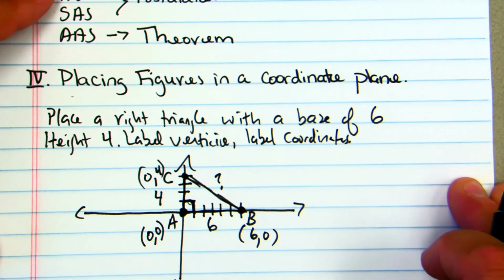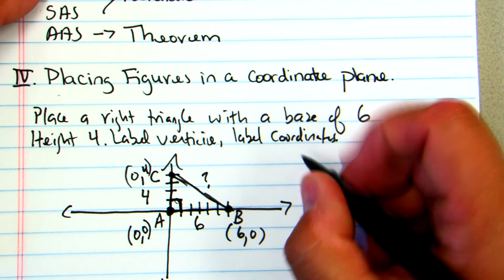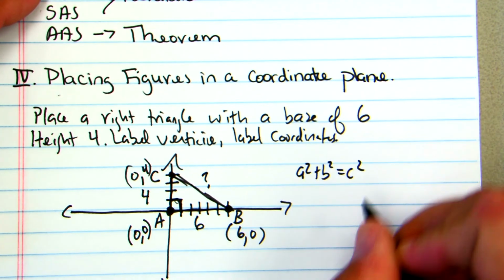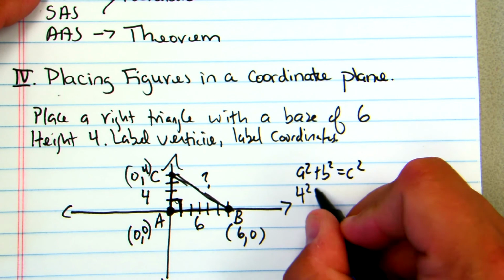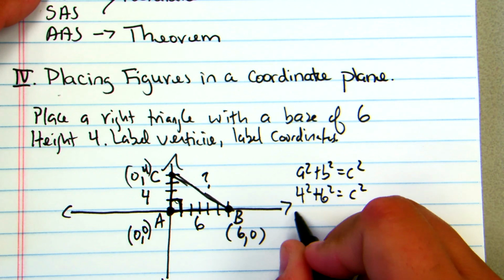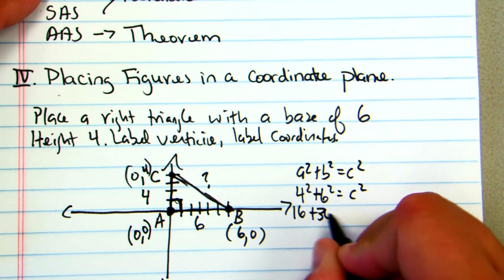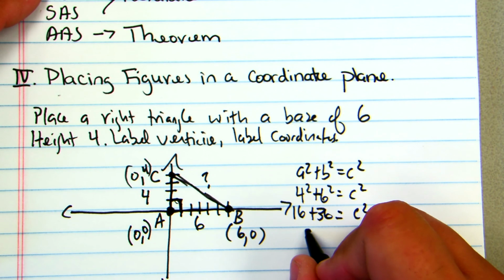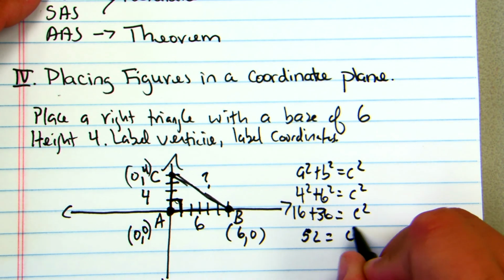So I'm going to do the Pythagorean Theorem. A squared plus B squared equals C squared. Or I'm going to say 4 squared plus 6 squared equals C squared. So that'll be 16 plus 36 equals C squared. 52 equals C squared.